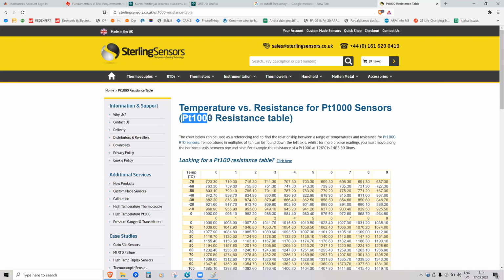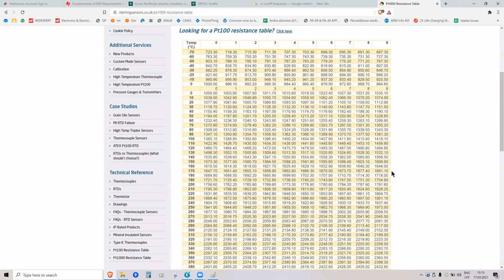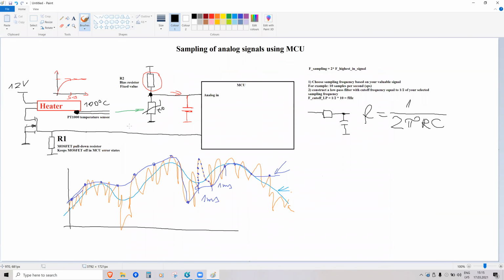If they write PT1000 on the sensor, it's guaranteed to have this fixed and predefined temperature and resistance relationship. So in this table, it says that at 100 degrees Celsius, the resistance will be 1,385.10 ohms. Oh, I already wrote it here. At 100 degrees it's 1,385.1 ohms.